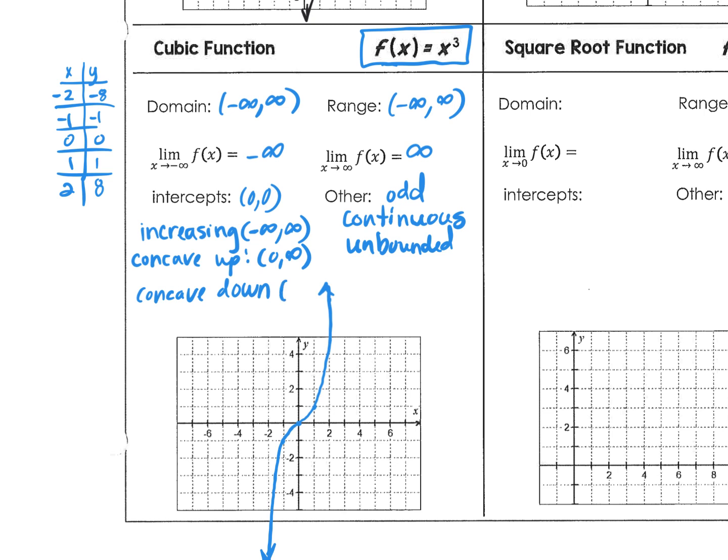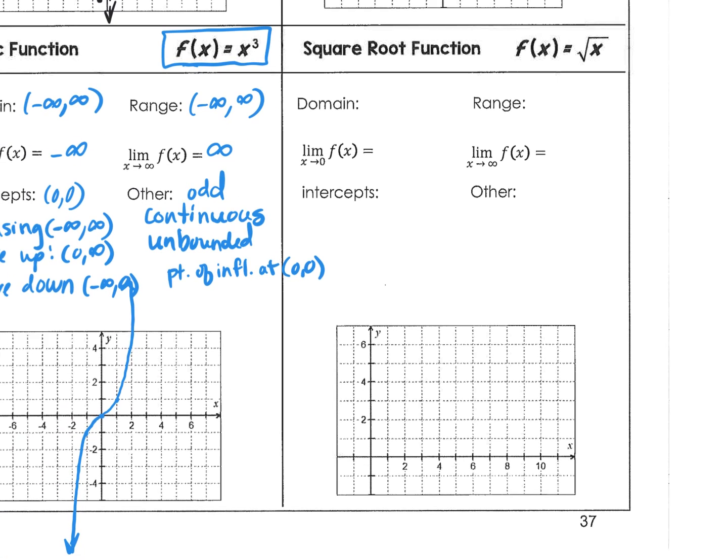Negative infinity to 0. So where is its point of inflection? Where's the halfway point, where does it turn around? At 0. So it has a point of inflection at 0, 0. Good.